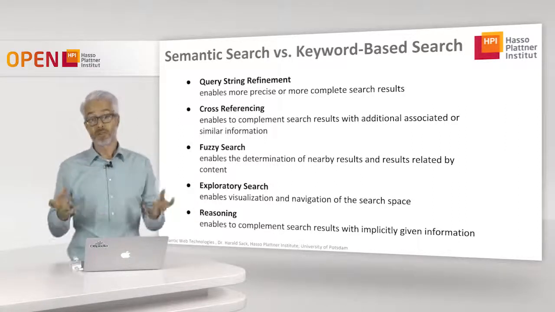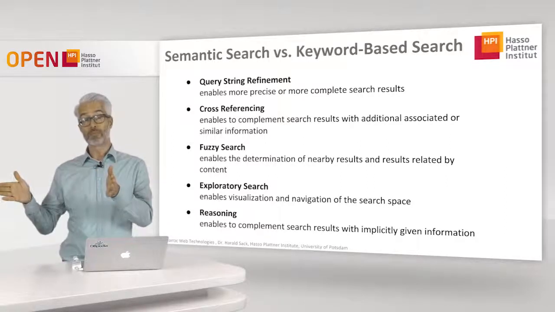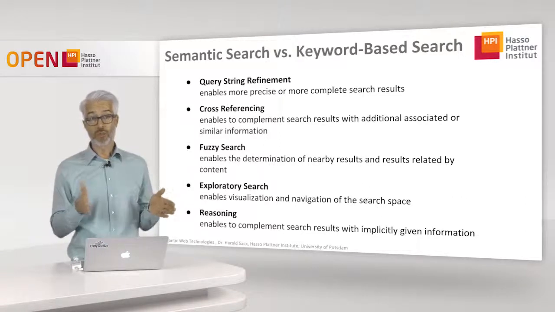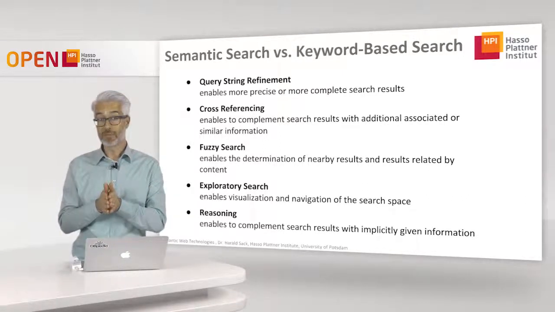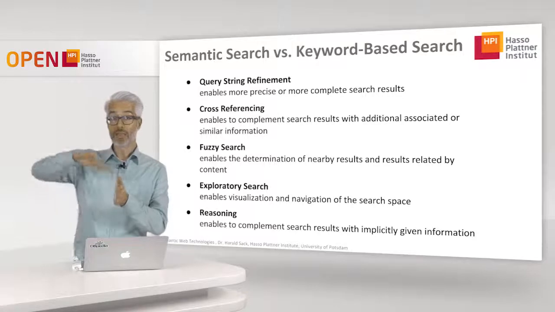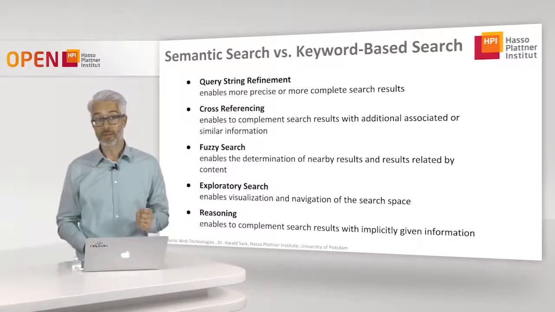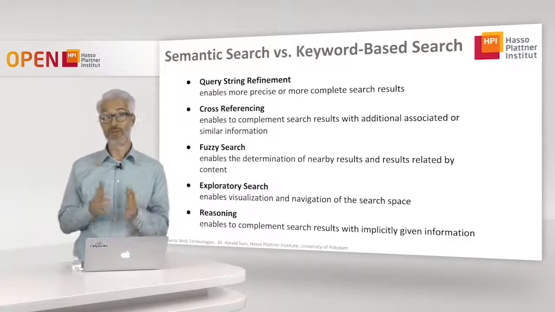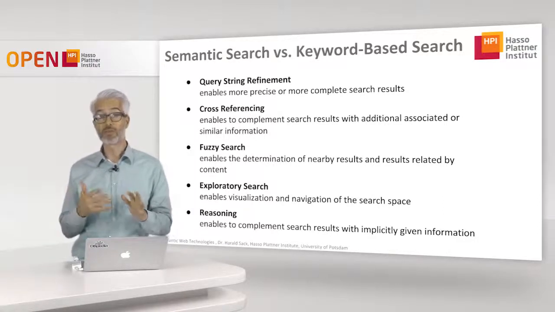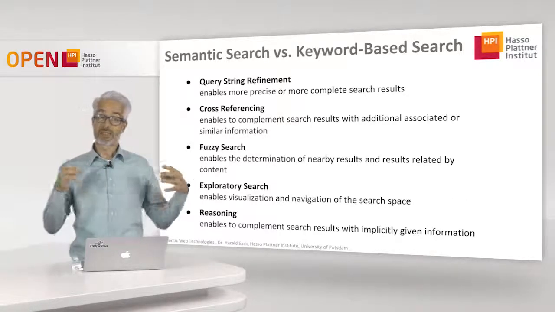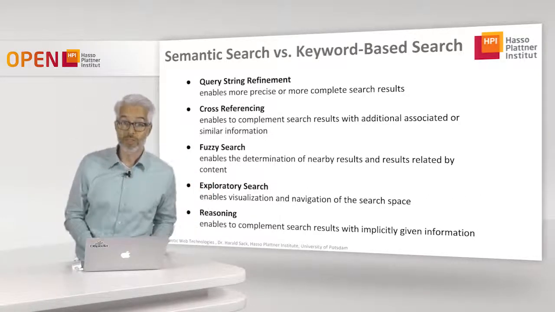So one possibility would be some kind of auto-completion where, for example, if I give the information Jules Verne, I would then have the possibility to distinguish, do I mean the author, the restaurant, the ship, or anything else? So this would be a selection process, a refinement process for my query string, which is based on the semantic annotation of the entity that has been identified within the query string.